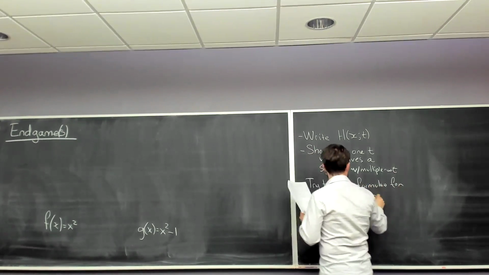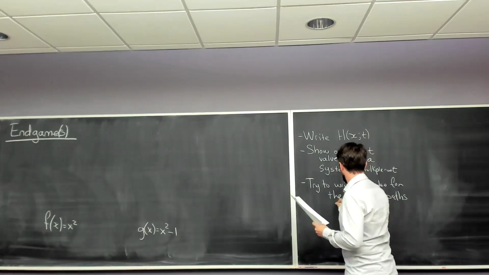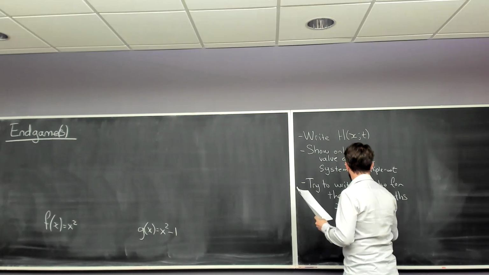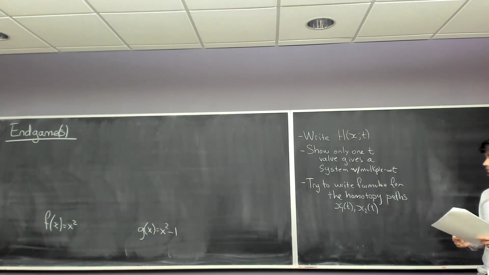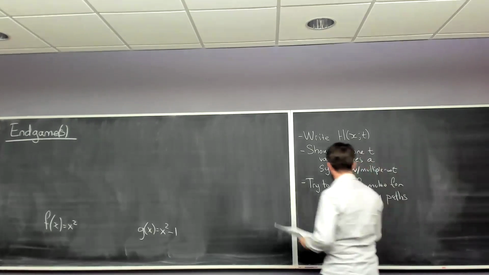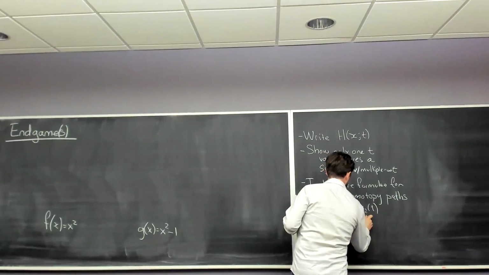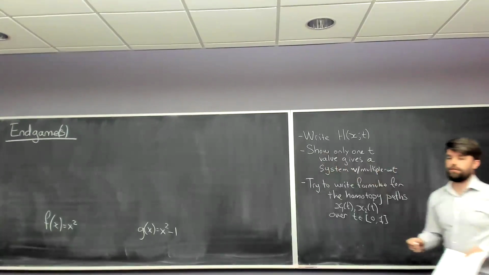You'll have two homotopy paths, and I feel fairly confident that you can actually write down a formula for each of the homotopy paths, for t in this unit interval.